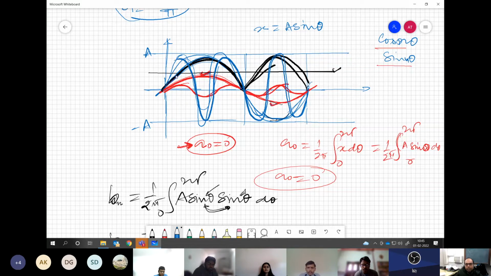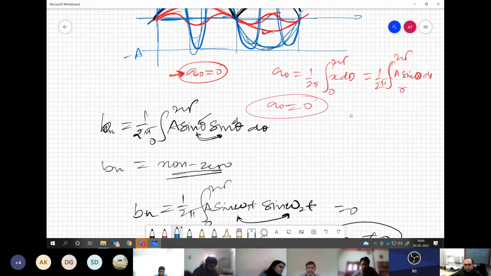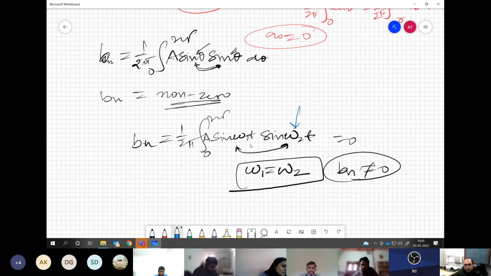Wherever this is negative, this will bring it down. And now the average value of this new blue waveform is obviously 0. You have equal positive and equal negative. So whenever there is a mismatch in frequency, if the frequency you are multiplying is different from what is present in the waveform, then certainly this product is going to be 0.